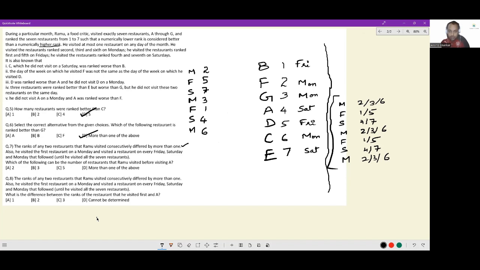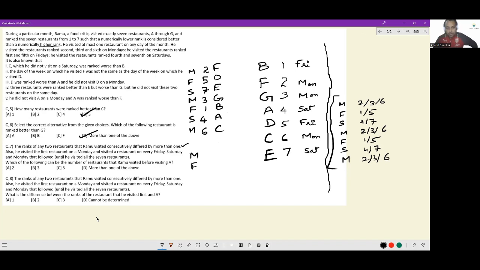Now within this arrangement, let us also write down the names of the restaurants: F, D, E, G, B, A, and finally C. This is one possible arrangement in which he could have gone. But remember, this is just a case that we have created. This is not necessarily the only case that exists. Let us check for other cases.